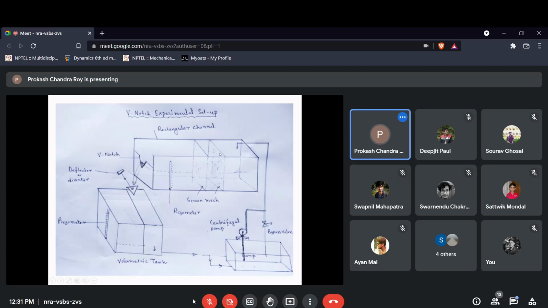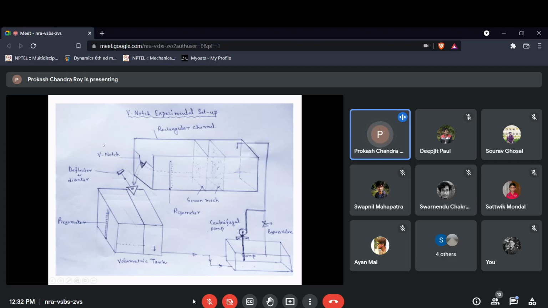These are basically porous screens, and the flow will pass through them. Then we will get a more or less streamlined flow. Our intention is to measure the height, so there should be no fluctuation on the top or free surface. That should be minimized.